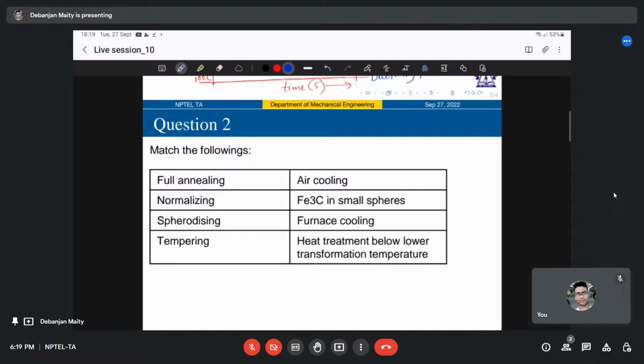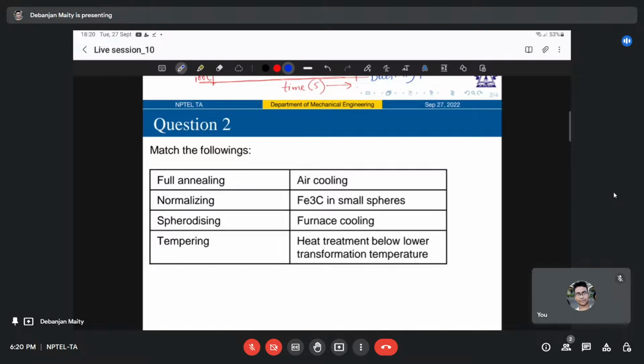If we simplify it, initially it is heating the material to a high temperature, near or above the critical temperature, and then the material soaks at that temperature until the required properties are achieved, right? And then we cool the heated material at a slow rate to room temperature inside the oven. So it is basically furnace cooling.